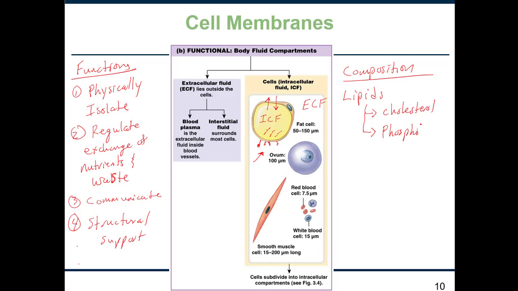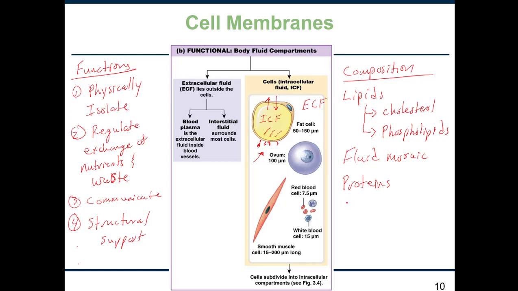So we have both. In addition to that, the cell membrane is what's called a fluid mosaic, meaning that there are other things within the lipids, things like proteins within the lipids, and there's also some carbohydrates as well. So they're usually attached to something.